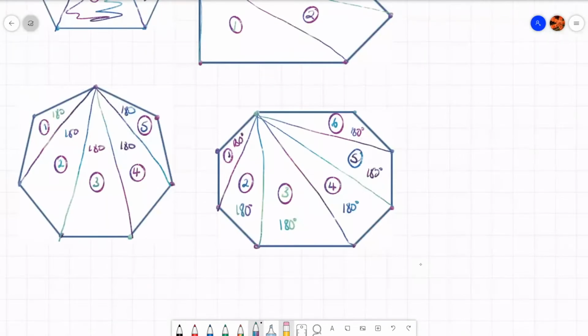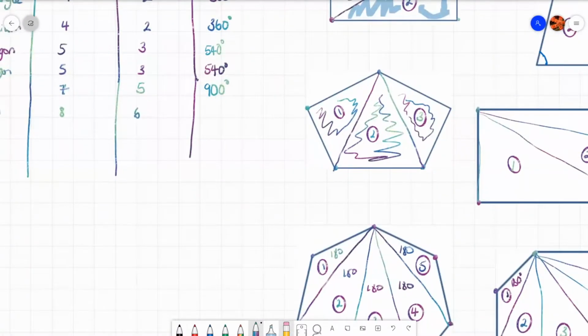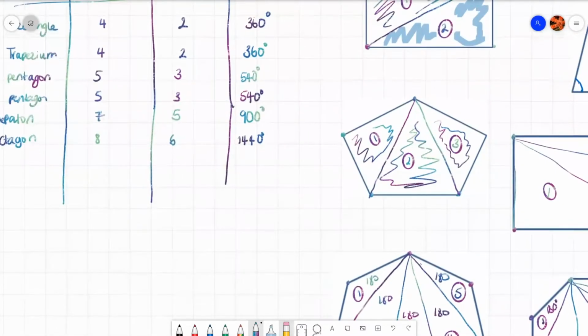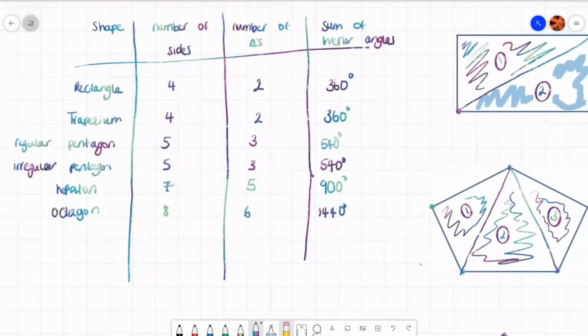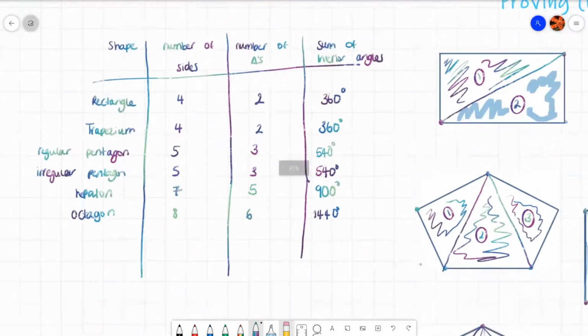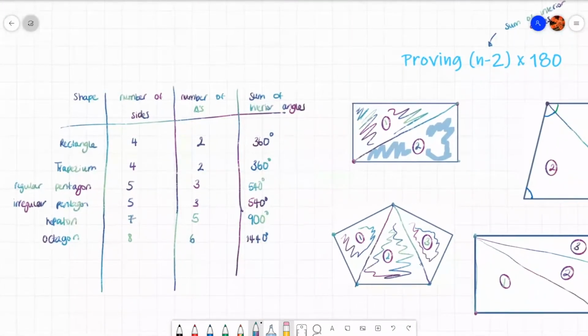Okay, so that's 180 times by 8 because there are 8 of them, and that's 1,440 degrees. So the angles in an 8-sided shape would add up to 1,440 degrees. Okay, so you can see here that the formula above is n minus 2 times by 180.